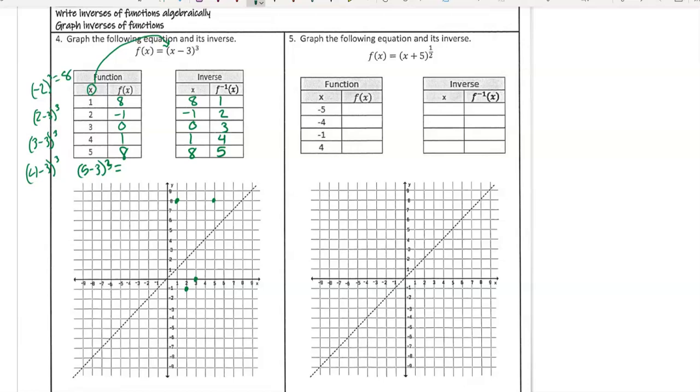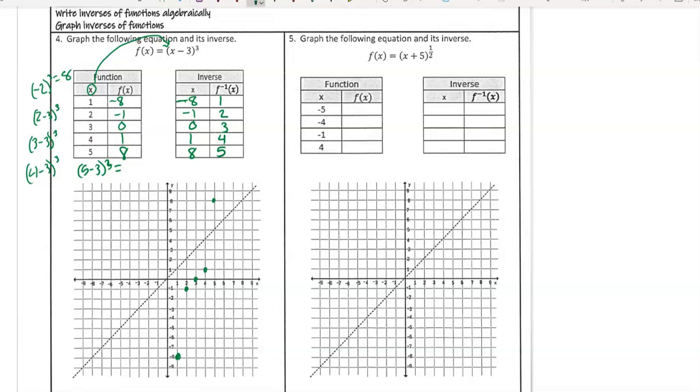Negative 2 cubed. Ah! Negative 2 cubed is negative 8, so my mistake there. That first point needs to be at 1, negative 8, and that means this one over here needs a negative. 2, negative 1, 3, 0, 4, 1.